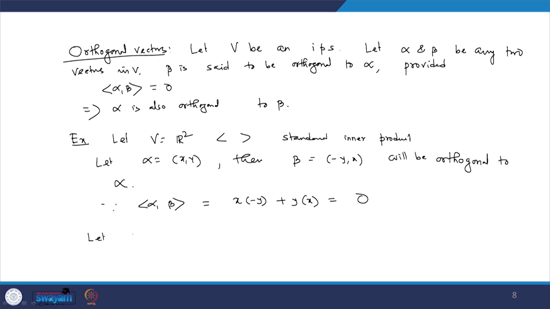Let alpha equal to x1 x2 and beta equal to y1 y2, and let me define the inner product of alpha beta equal to x1 y1 minus x2 y1 minus x1 y2 plus 4 x2 y2.